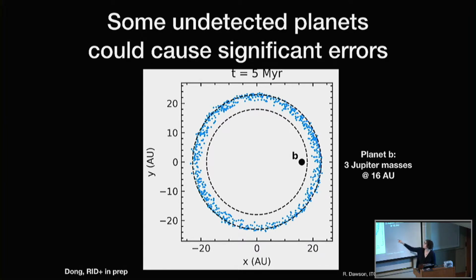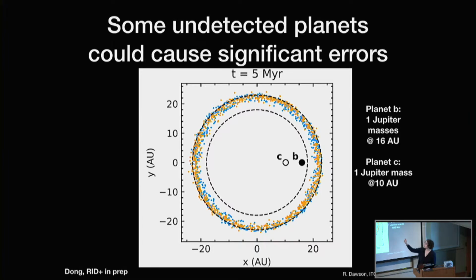So this is the sculpting caused by a 3 Jupiter mass planet on a 16 AU orbit. This is a debris disk, it's not a gas disk, so it's basically creating a chaotic zone nearby it that evacuates out the planetesimals that are there. So that's the 3 Jupiter mass planet, but here's a configuration containing 2 planets that looks very similar.